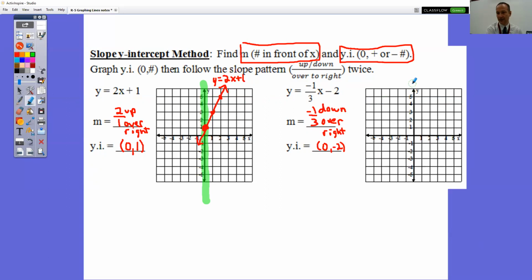Your first dot is always somewhere on the Y-axis. So your first dot is at 0, -2, which is right here. Starting from there, we're going to go down 1 over 3 to the right. Down 1 over 3 to the right. Connect the dots. Put your arrows. And you should always label your line.